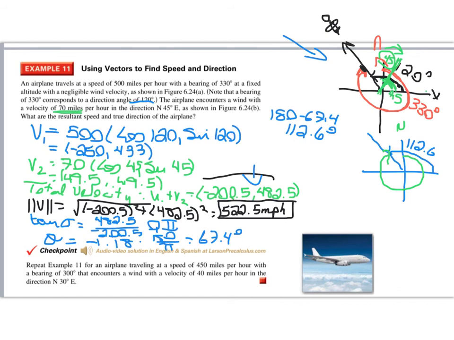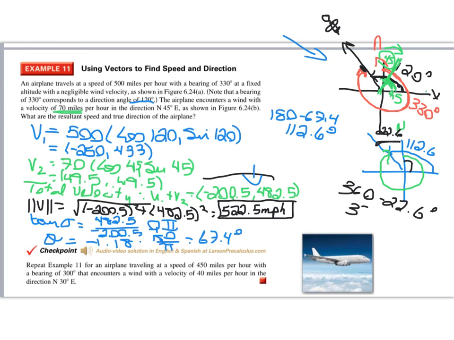If I figure out how much this little distance is, I can just subtract that from 360. Obviously if this is 112.6, can't I just say 112.6 minus 90? I get that this little piece right here is 22.6. So now just go 360 minus 22.6 degrees, and that is going to give you the direction of the airplane.